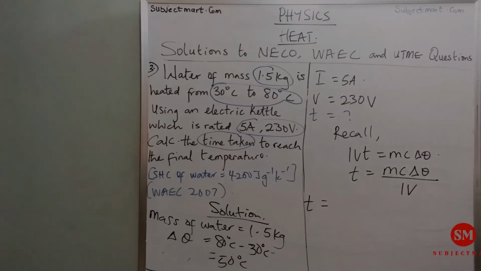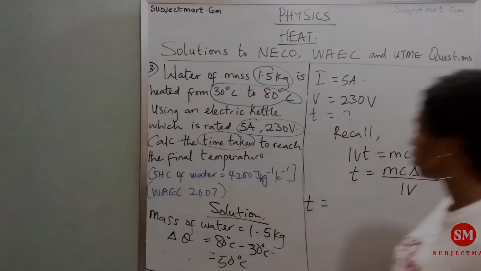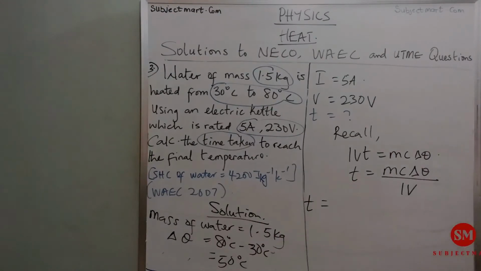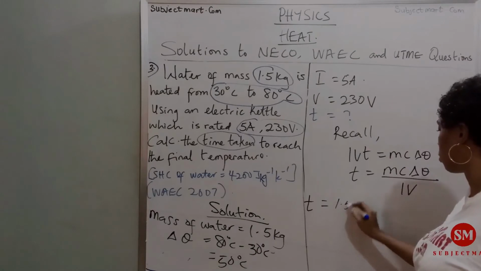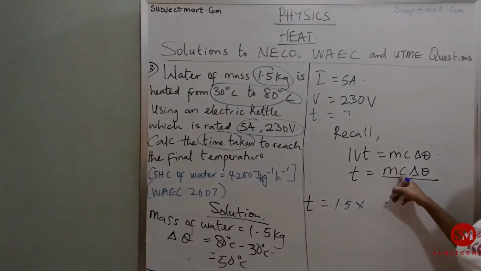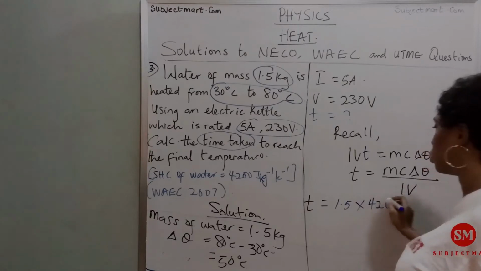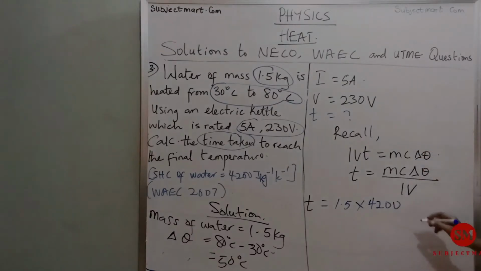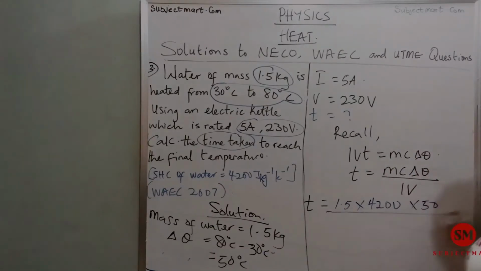Our mass is given in kilogram, which is 1.5 kilogram, times the specific heat capacity of water, 4,200 joules per kilogram per Kelvin. The change in temperature is 50. I, which is the current, is 5. The V is 230.